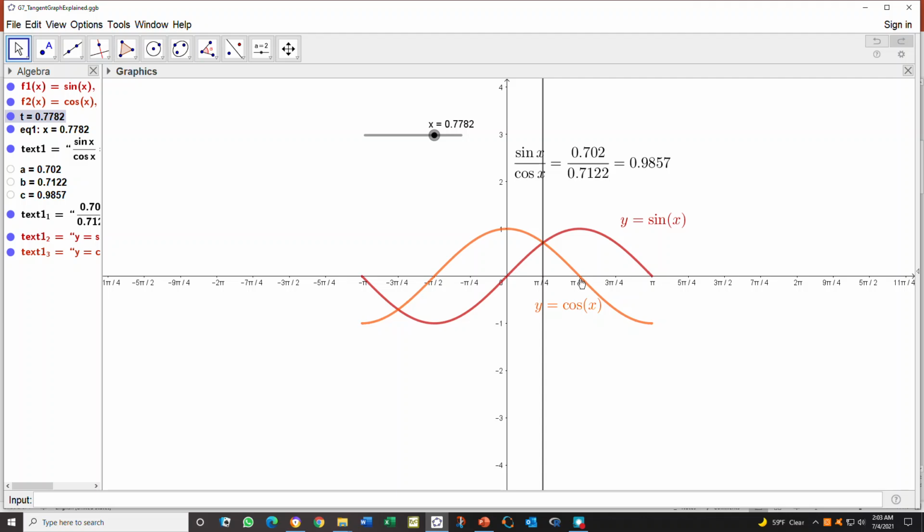Would you agree that at x equals pi half, tangent x is undefined? That is because tangent pi half is sine pi half over cosine pi half. Cosine pi half is 0, so we have a 1 over 0, and a division by 0 is undefined. At x equals pi half, guaranteed, tangent is undefined.